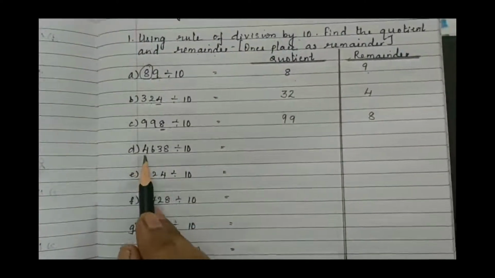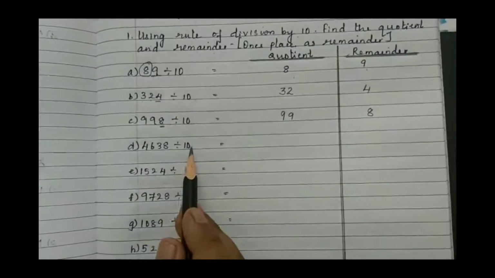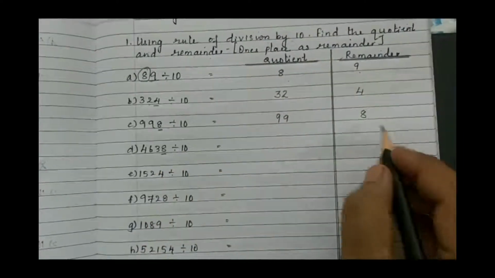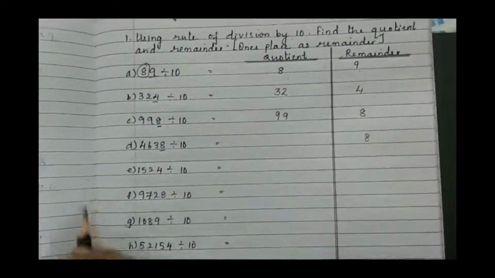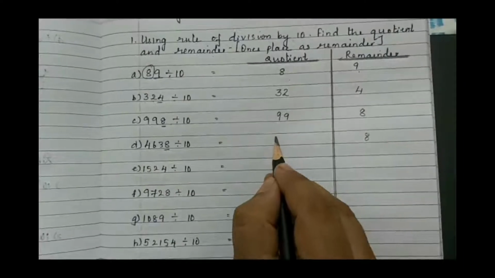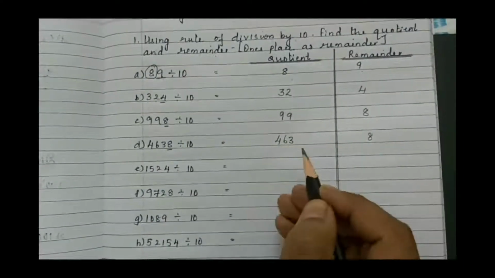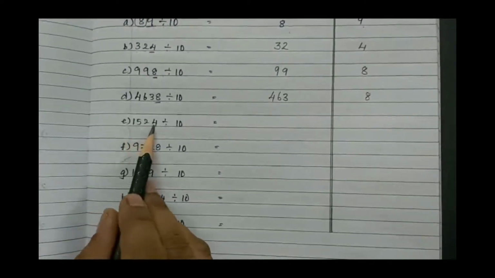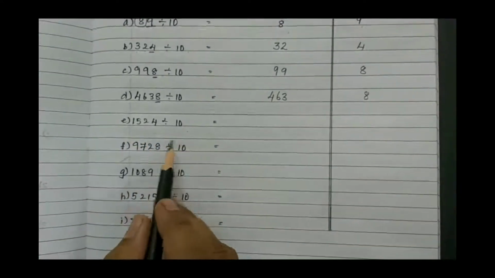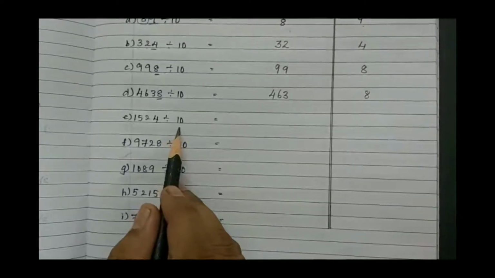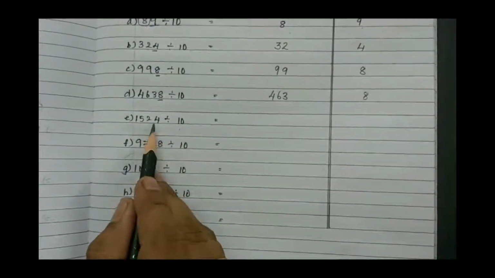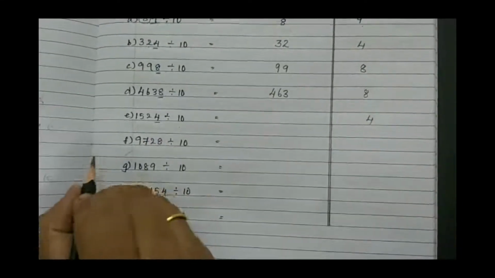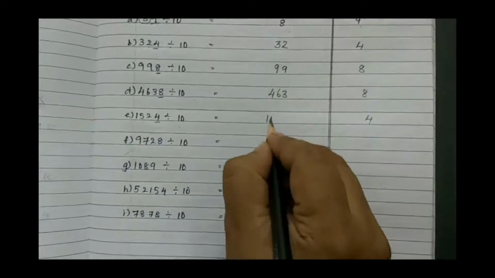Question number D. 4638 divided by 10. In this case, the ones number will become the remainder, that is 8. 8 as remainder. The remaining 3 digits will become 463 as quotient. E. 1524 divided by 10. As per the rules, division by 10, the ones place will be the remainder. Write down 4. So the quotient will be 152.